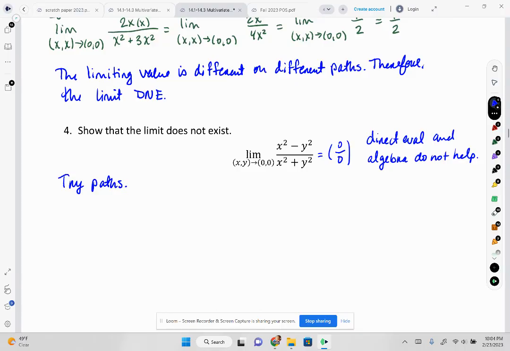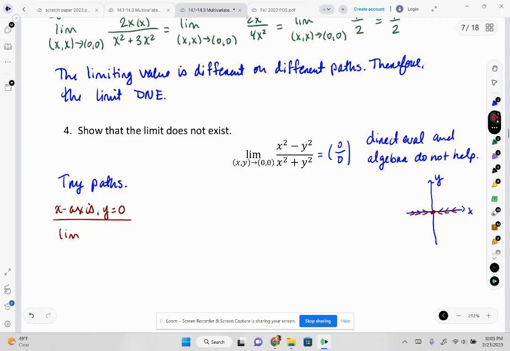And I always just start with the same ones. It's not very creative, but it teaches me how to be consistent and do the same thing each time rather than wondering, wait, what am I supposed to do? So again, I'm going to draw a little picture so we can see what's going on here. We're approaching (0, 0). I'm going to try along the x-axis first. So the x-axis is where y is 0.